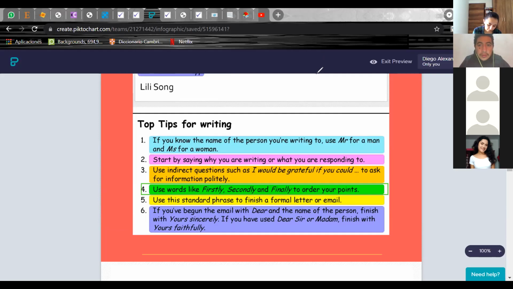And now we're going to read the next one, number five. In this case, can you help me reading Gabby, please? Use these standard phrases to finish a formal letter or email.